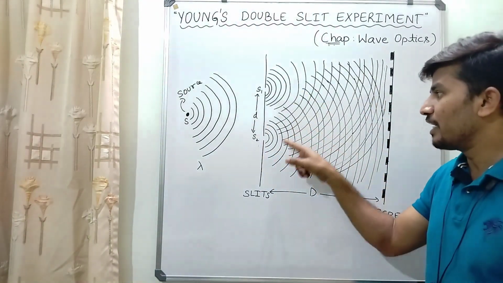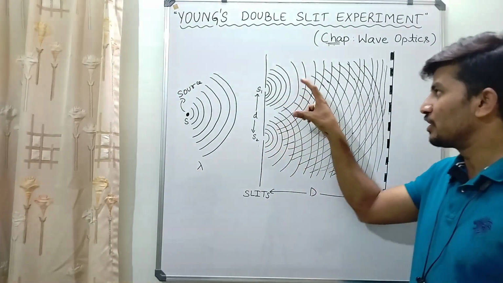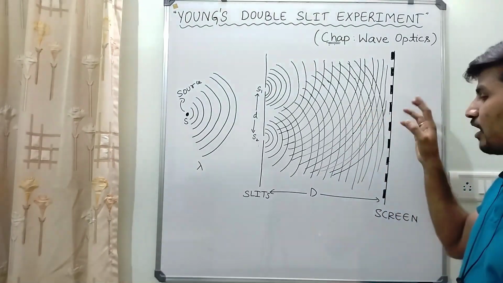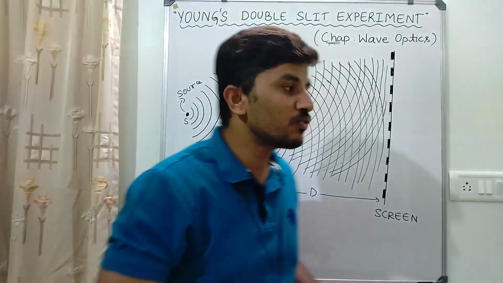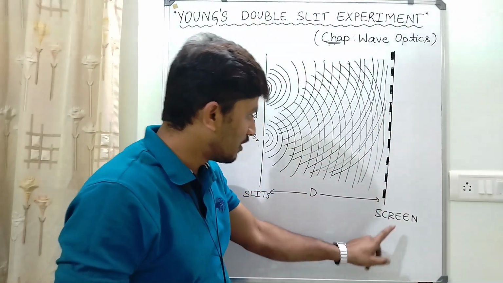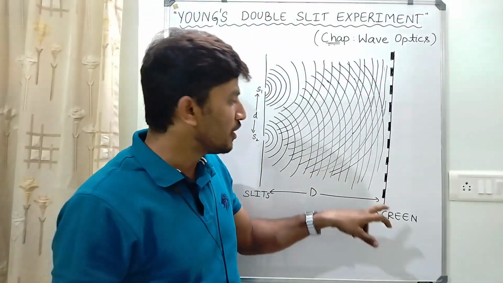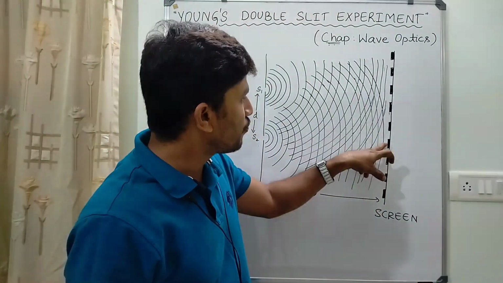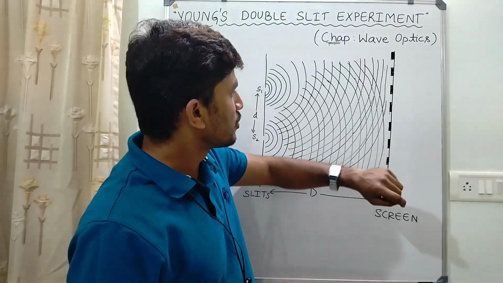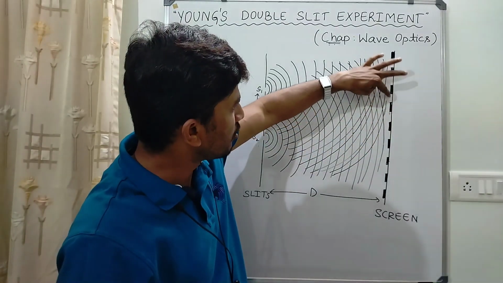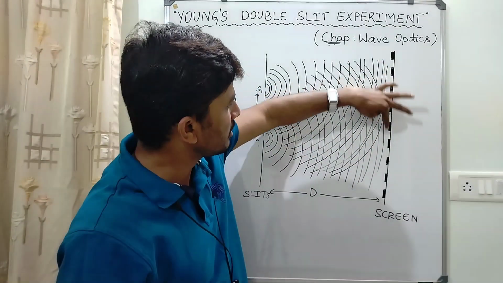When the light waves which are coming from coherent sources interfere with each other, they produce interference fringes on the screen. Here we have the screen and here we can see the fringes formed on the screen. One is bright and the next is dark, bright, dark, bright, dark, like that.